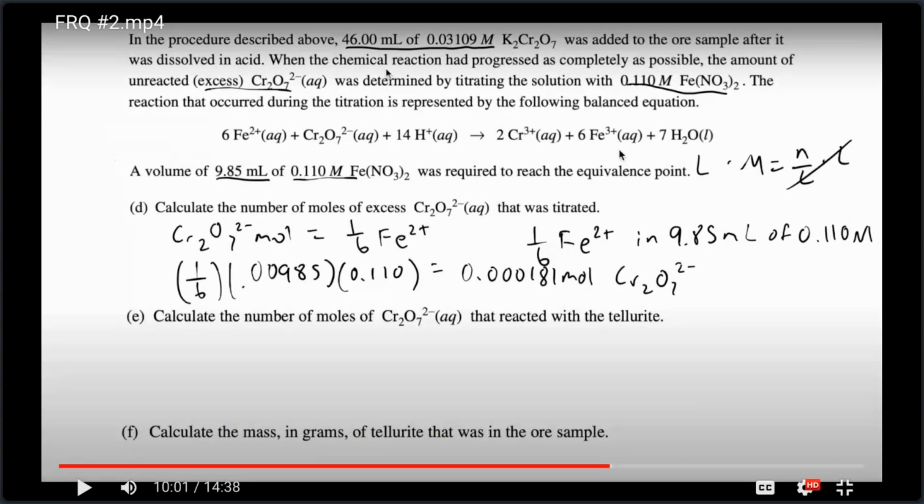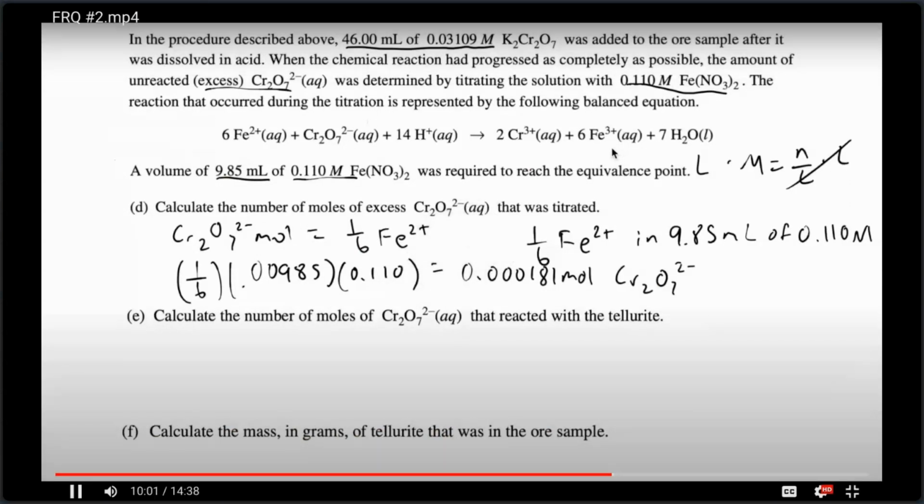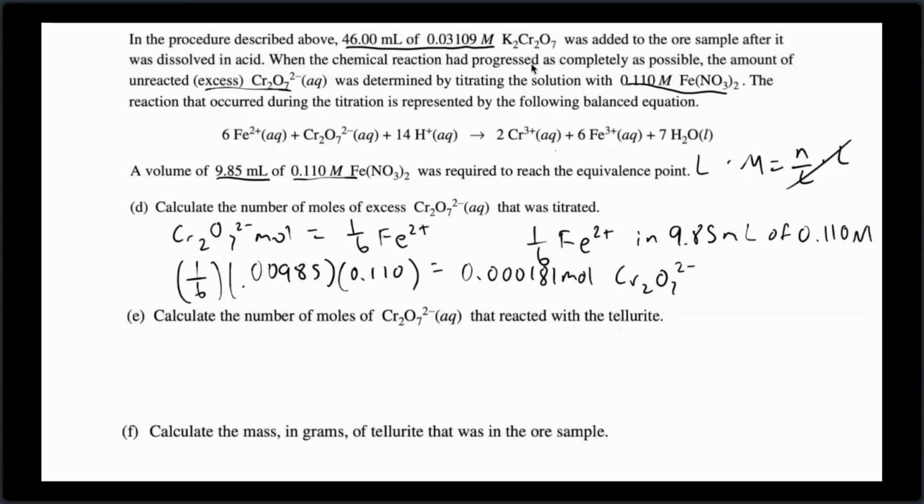All right, let's take a look at the answer. We know that the molecule that reacted with tellurite is K2Cr2O7. Now, the potassium wasn't shown, and because the potassium was a spectator ion, it was taken out. So, it says in the procedure described above, we have this amount of K2Cr2O7. We have 46 milliliters of 0.03109 moles of that.